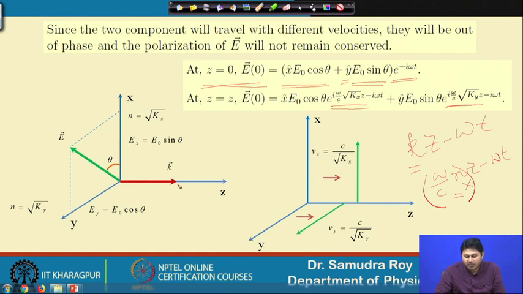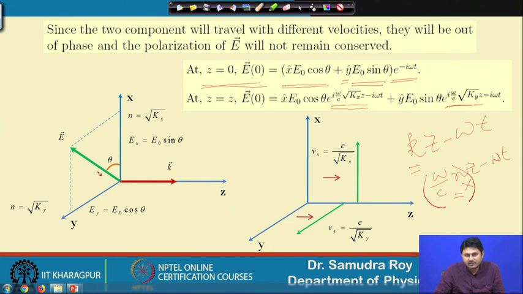Because the E x component and the E y component of the launched electric field will be experiencing two different refractive indices. These two different refractive indices appear in this equation in terms of k, or the phase.